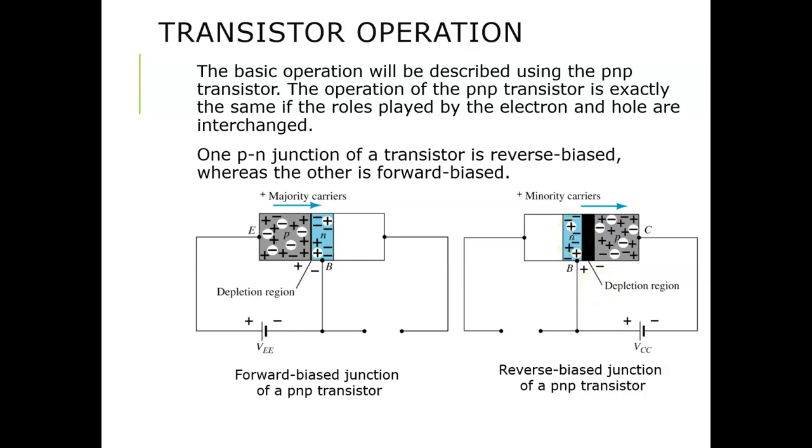Now for the basic operation of the transistor. When you connect it in forward bias, the positive ions repel.